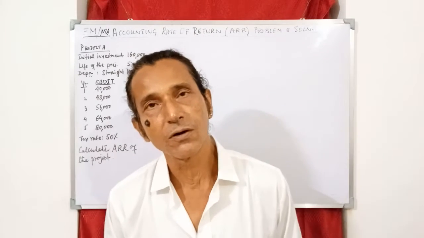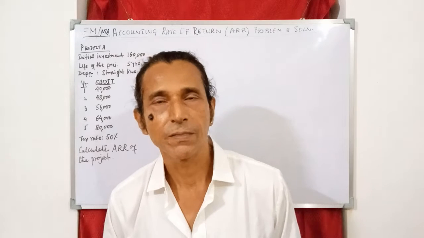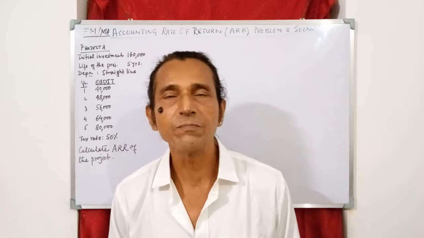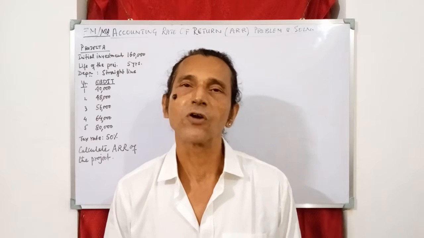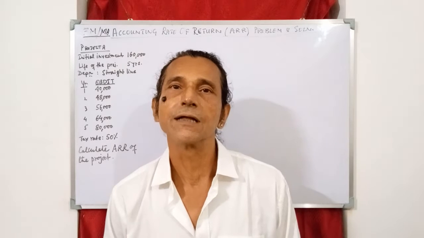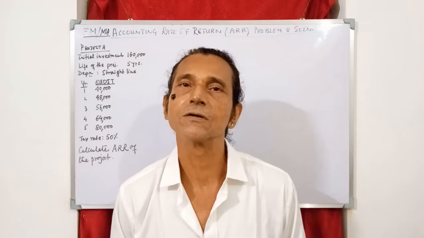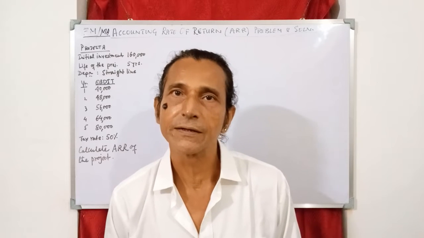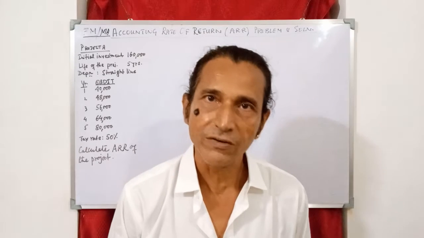Now, what is accounting rate of return? Accounting rate of return or ARR is simply the average profitability of the project. That is the average profit from the project divided by the average value of investment.